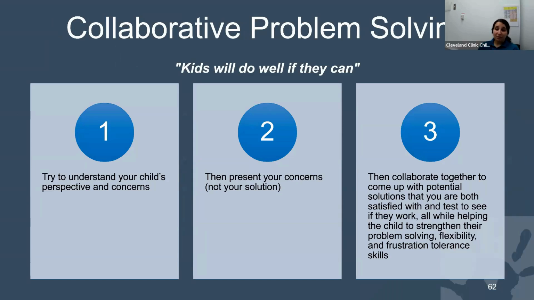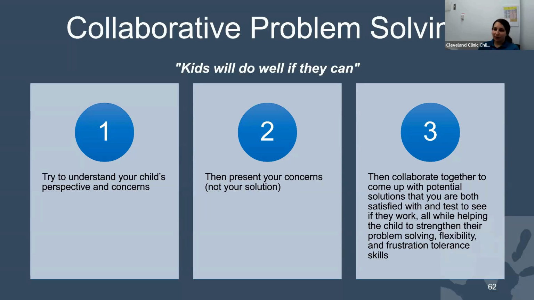So the first goal is to try to understand your child's perspective and their concerns. The second step is presenting your concerns. The third step is working together to come up with solutions that would satisfy you both.